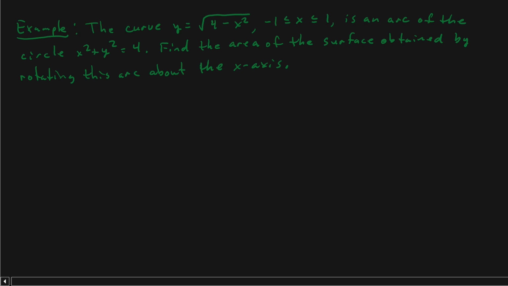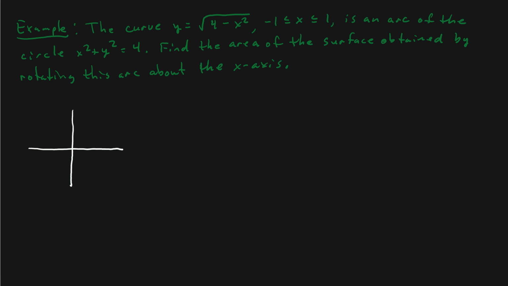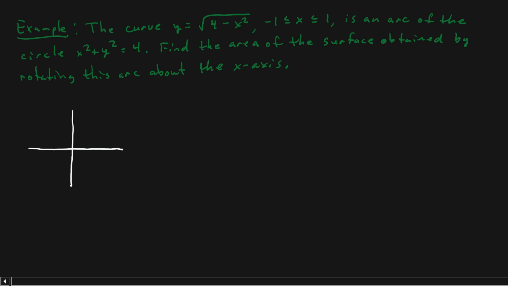All right, so if we draw a little sketch of this. Now remember, this square root of 4 minus x squared, that's a semicircle, right? Just think, x squared plus y squared equals 4, that's a circle. The square root of 4 minus x squared, that's the top half of the circle.